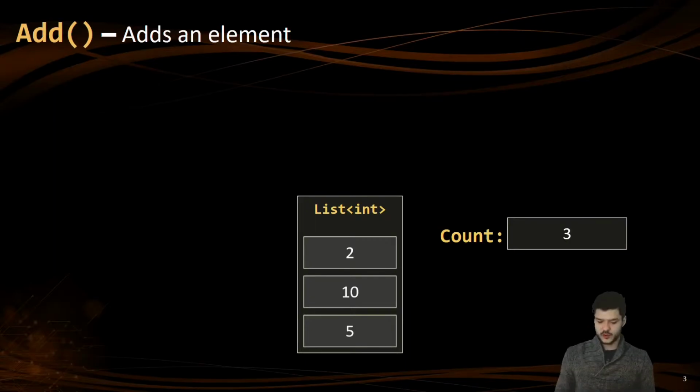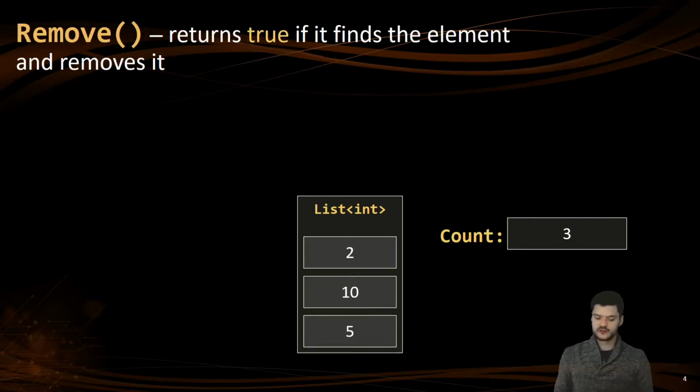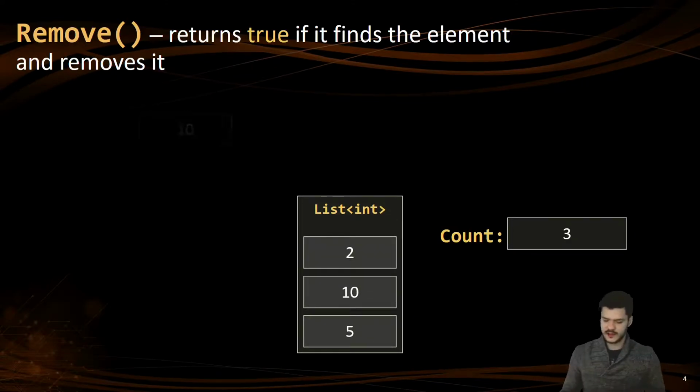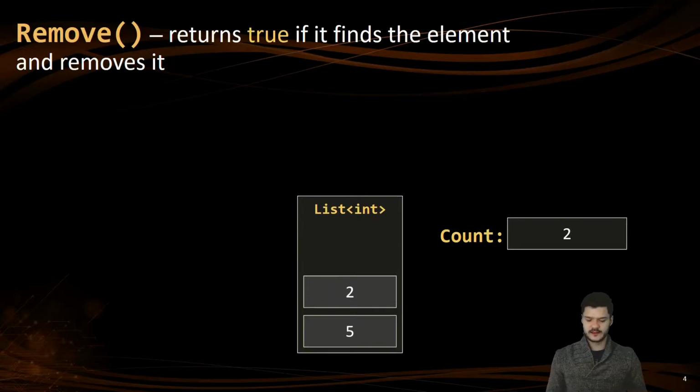Also we have remove, and remove returns true if we find the element. For example, if we want to remove an element that is not at the end of the list, again, this is fine. So if we want to remove 10, as you can see, we remove 10, and the count becomes 2, and all the elements got shifted into that place.